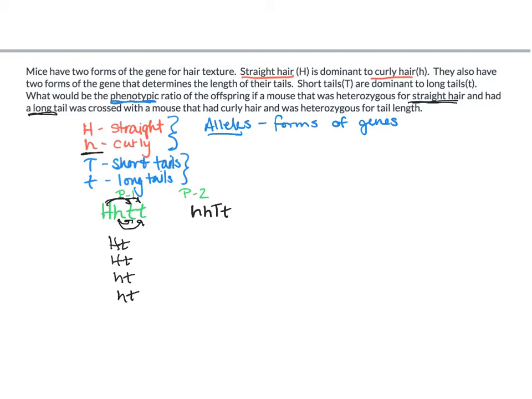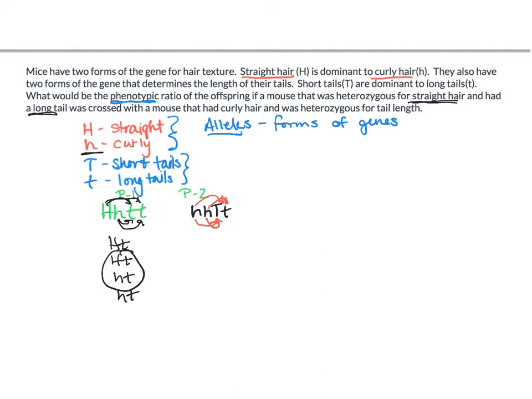So we really only have two possible combinations, right? Over here, we would have little h, big T, and little h, big T, and then little h, little t, and little h, little t.